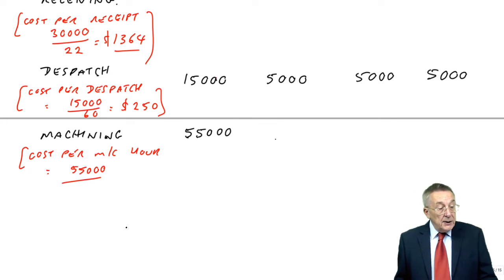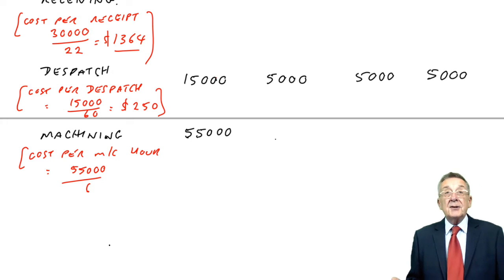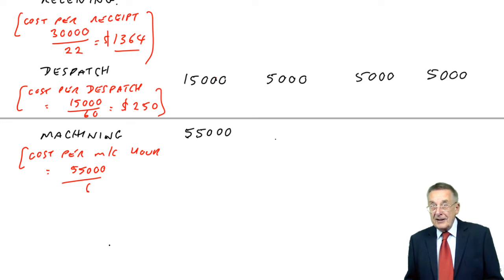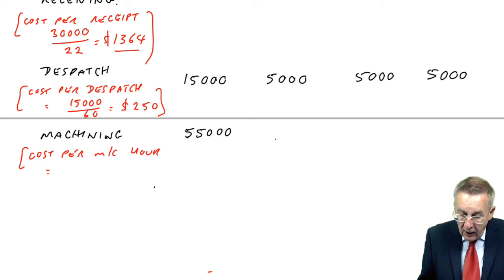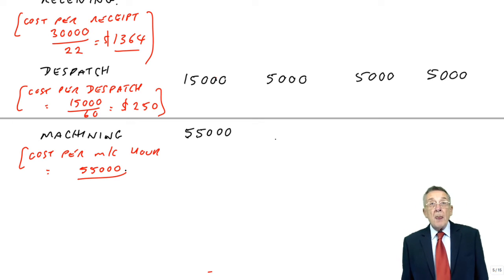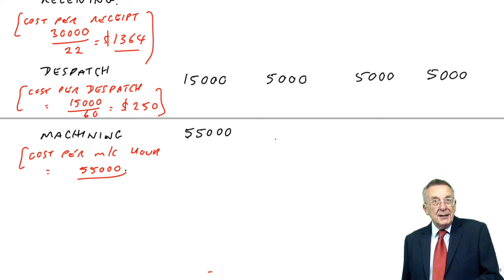How many machine hours? 2 for A, 2 for B, 2 for C. They divide by 6 and off they go. Well, think about it. That's wrong. We are going to absorb over machine hours, 55,000. We're going to divide by machine hours. But the total machine hours aren't 2 for A, it's 2 hours per unit.